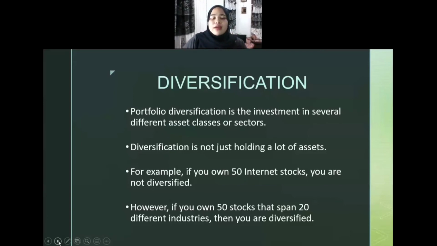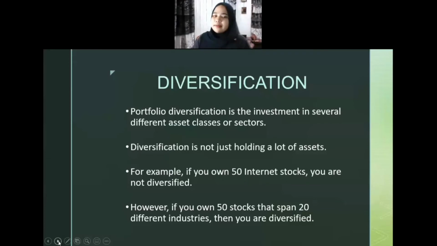So kalau ada apa terjadi, means if there is anything bad happen to the investment, you are going to lose everything that you have got. Okay, however, if you own 50 stocks that span 20 different industries, then you are diversified.